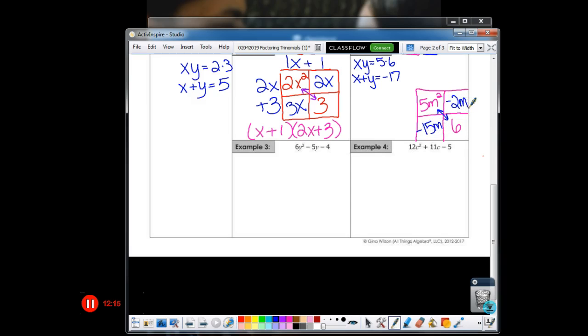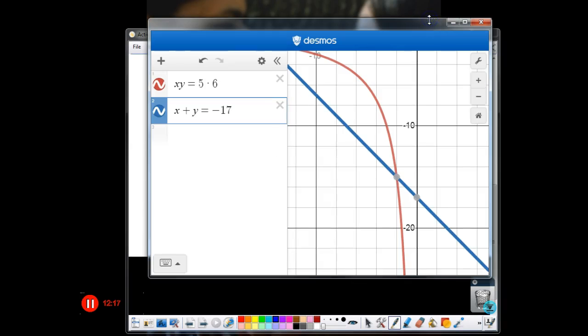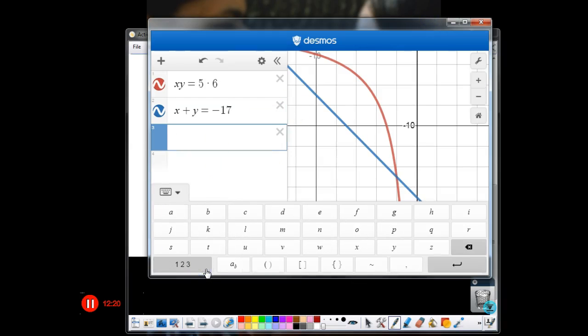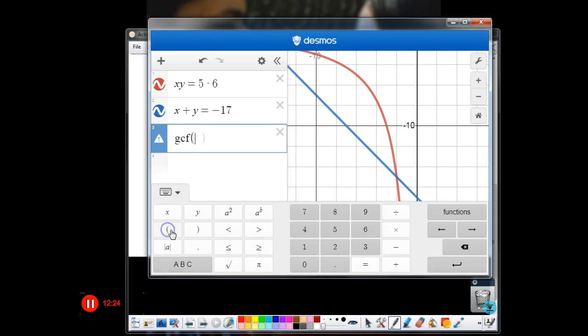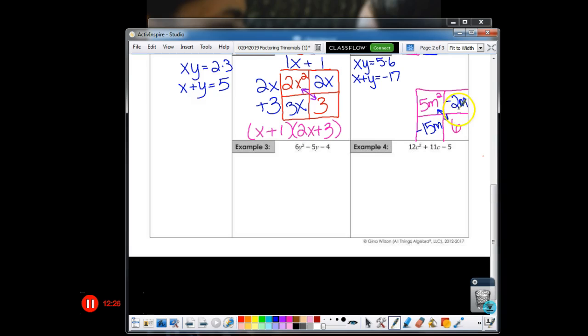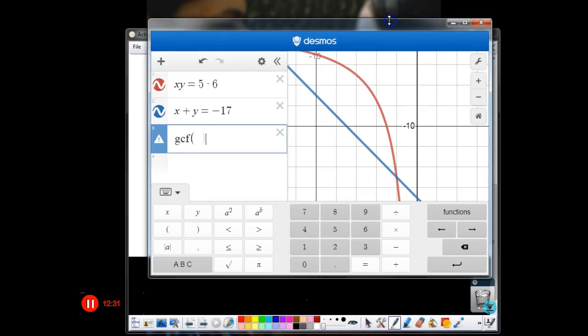Okay? So let's find the GCFs. Okay? So the GCF of 5 and negative 2 is 1. And the other one was 5 and negative 15.